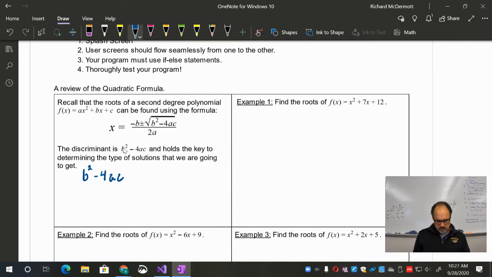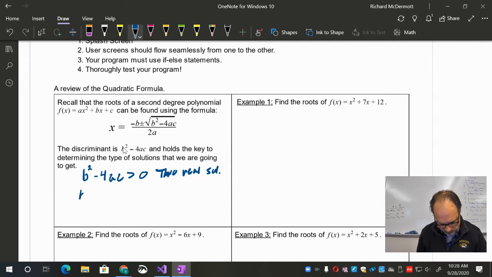The reason that they talked so much about the discriminant is because the discriminant is what controls the type of solution that you're going to get. If b squared minus 4ac is greater than 0, then you are going to get two real solutions.